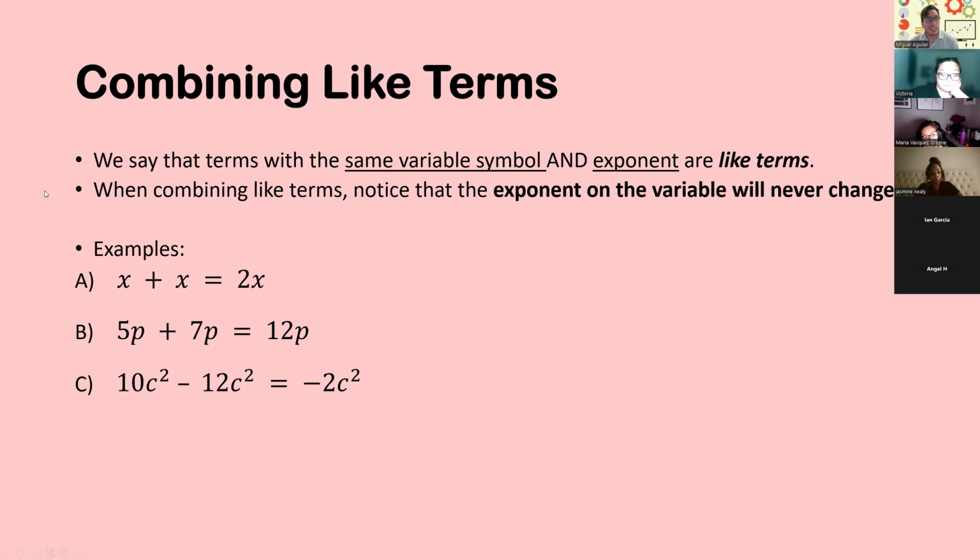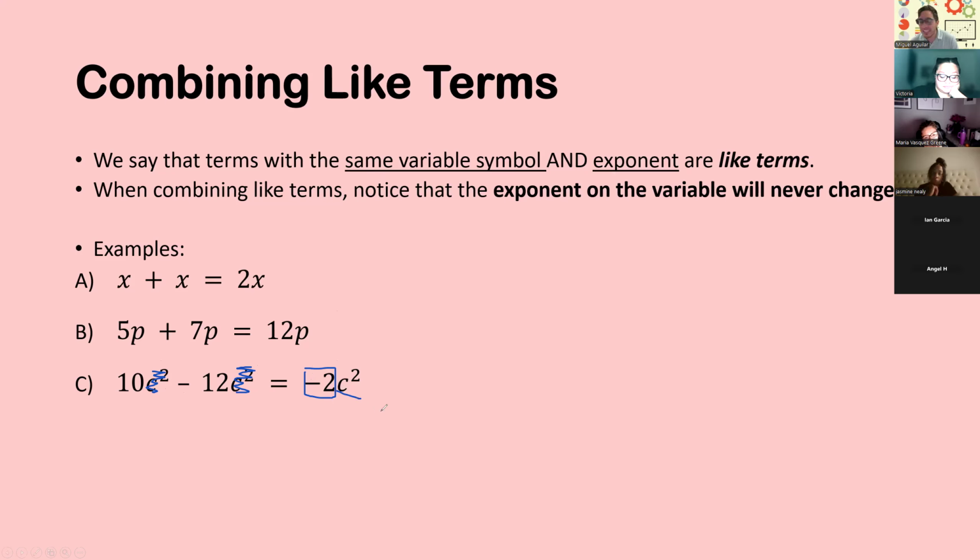So again, just to give you guys some tips, as somebody who's been doing this for far too long, I don't even look at the variables. Once I check that they're like terms, I just think of this as 10 minus 12, right? I do 10 minus 12, I write down the negative 2, and then I ask myself, okay, what was the variable again? C squared, got it.